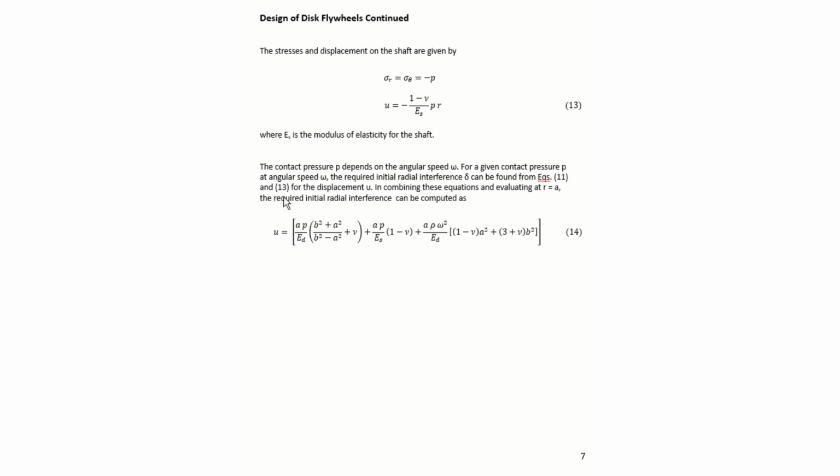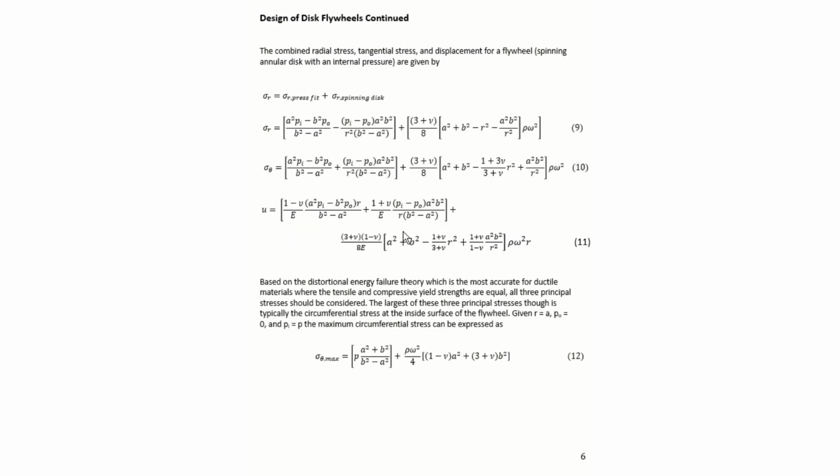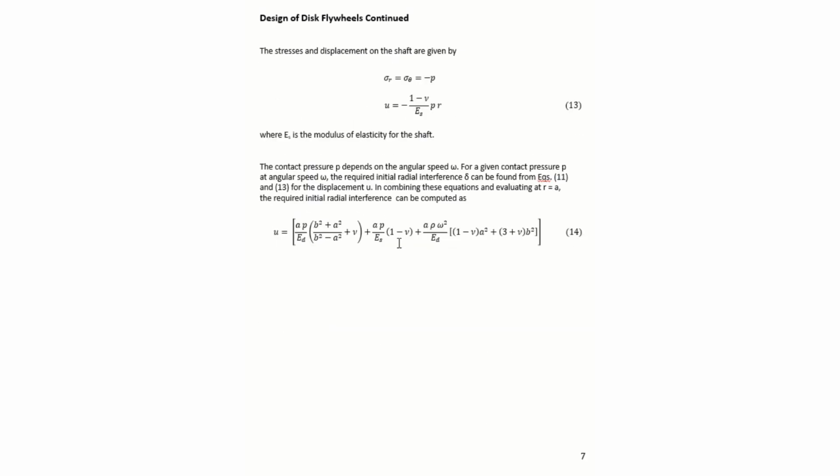So if we look at this definition, it says the contact pressure P depends on the angular speed omega. So for a given contact pressure P at angular speed omega, the required initial radial interference delta can be found from equations 11 and 13, where this is equation 13 and equation 11 is this equation here.